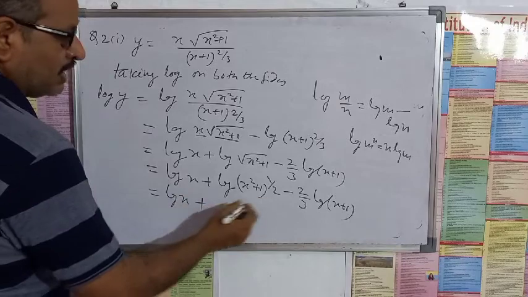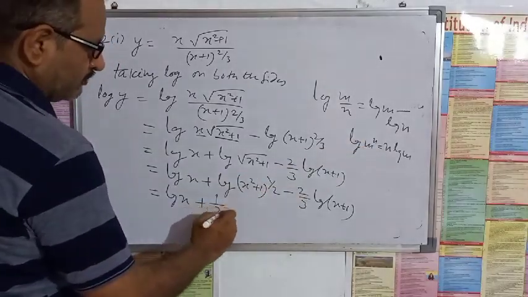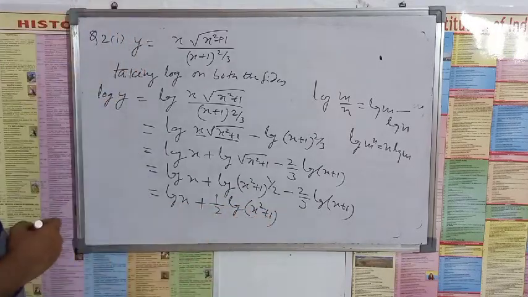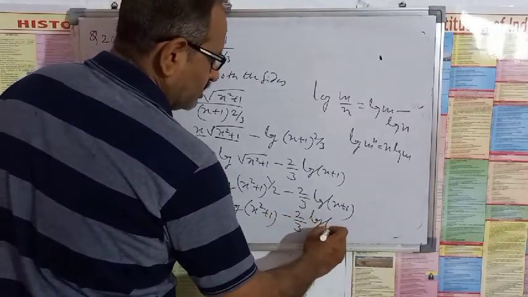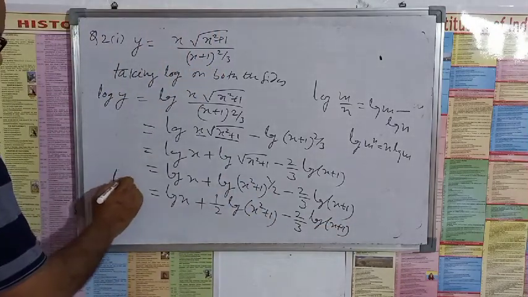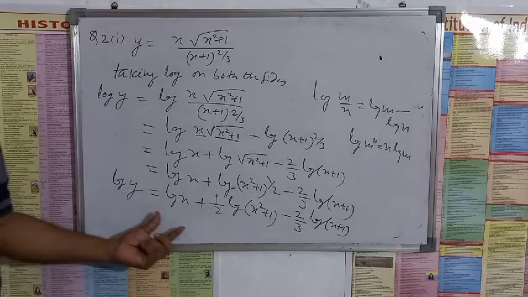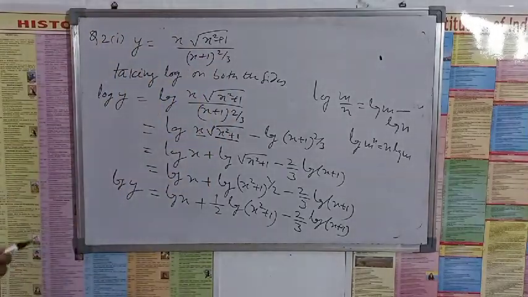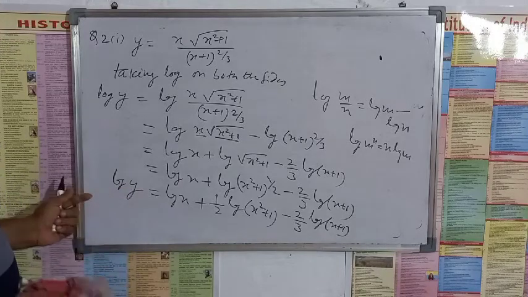Use here again the power rule. So it can be written 1 by 2 log x square plus 1 minus 2 by 3 log x plus 1. It is log y. Now we can differentiate it. So simplification is over. Using the log, we have written it in the simplest form. Now we have to differentiate it.